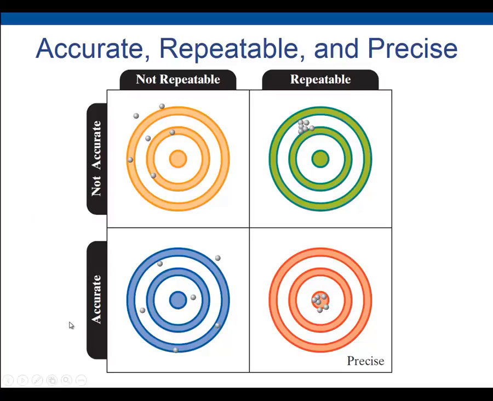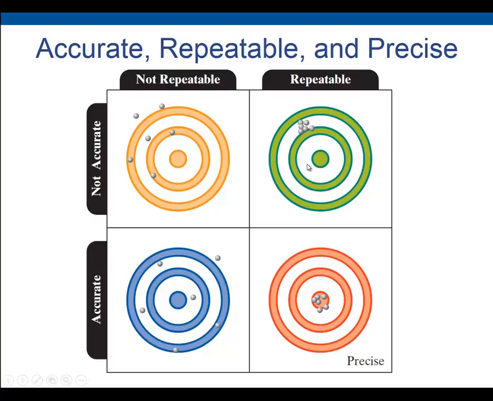As you can see here, accurate is a measure of how close a calculation or measurement, or an average of a group of measurements, is to the actual value. For example, you can see accurate, these 5 points. The average is close to the target. Okay. How about this one? It's very close to the target. It's accurate. How about repeatable?